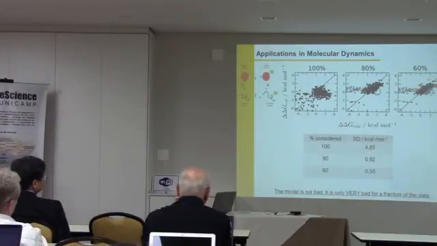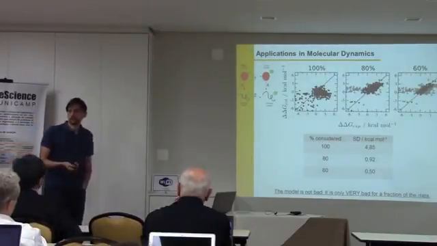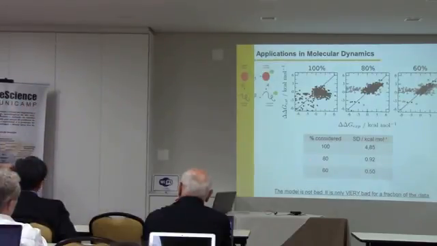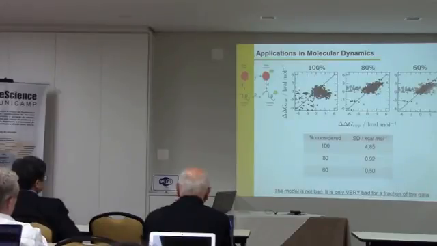However, it's very bad for a small fraction of the data. If we eliminate that fraction of the data from our estimates, we can predict with an 80% chance a mutation free energy with less than 1 kcal per mole accuracy. So this can be used to do protein engineering, for example.